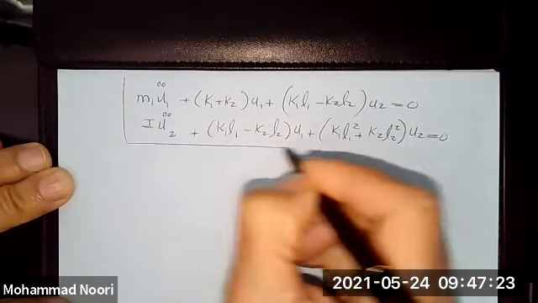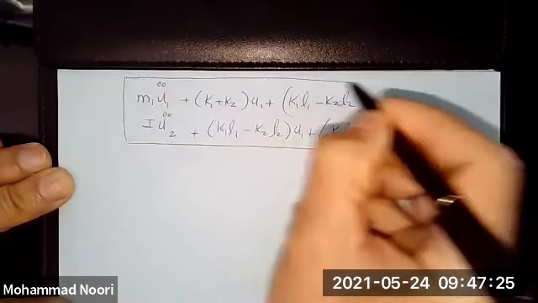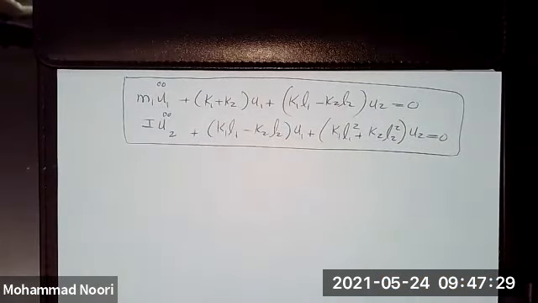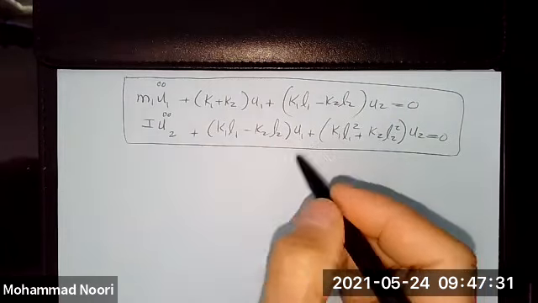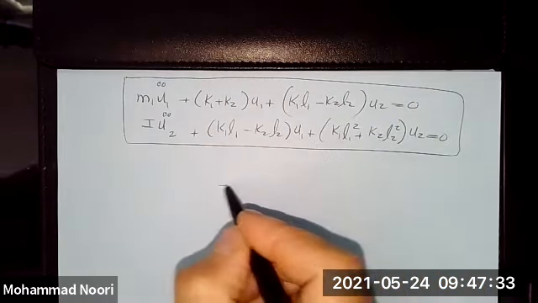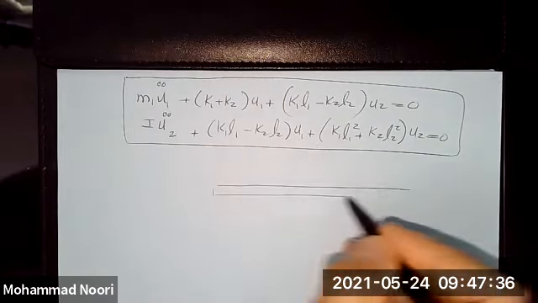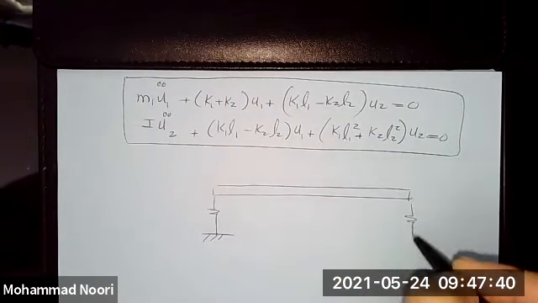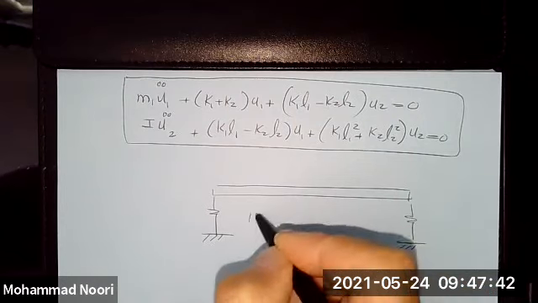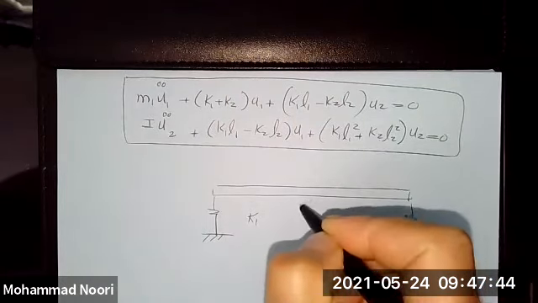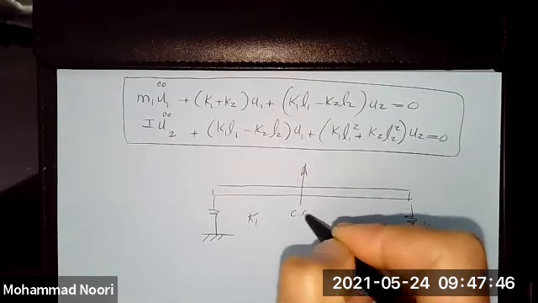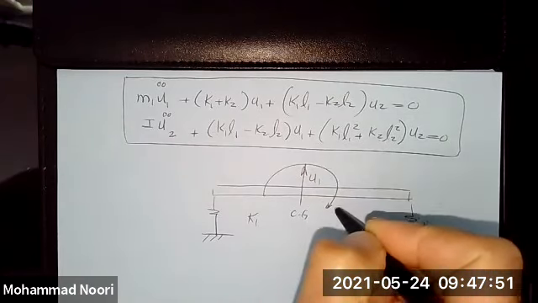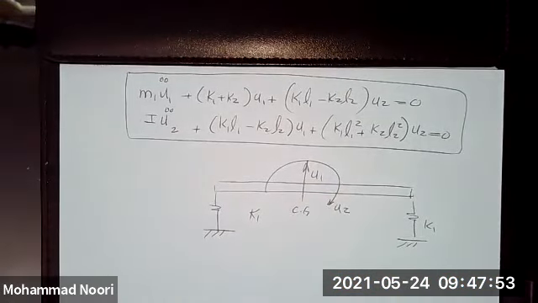So this is the equation of motion for a car modeled as a rigid beam with 2 degrees of freedom. In other words, this is the equation of motion for this system, K1, K2. This is the center of gravity, U1 and U2. Any questions?